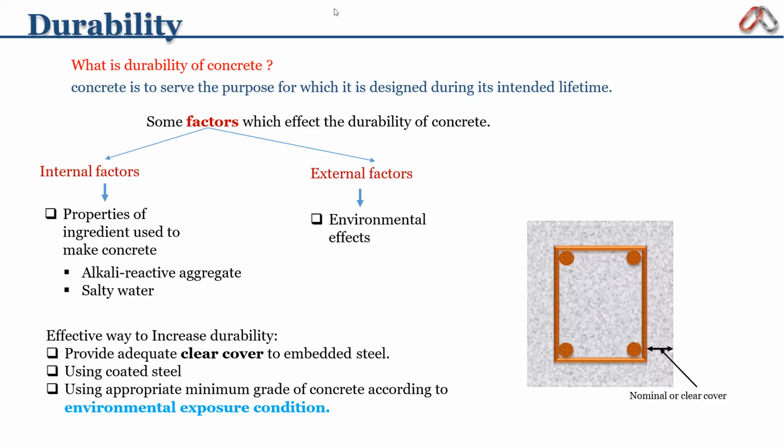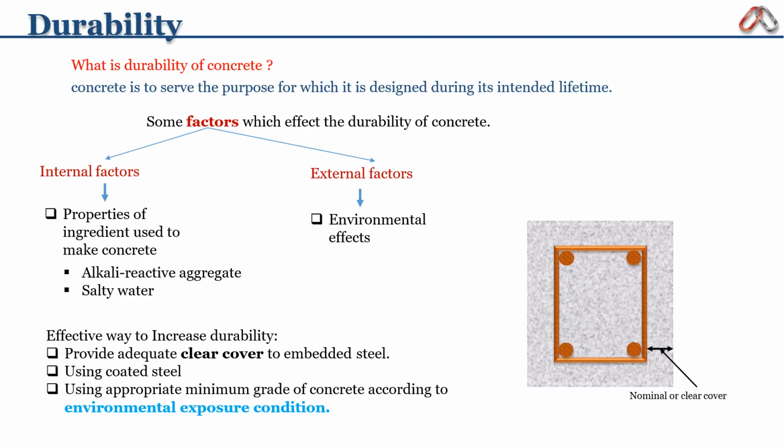So in internal factors, the properties of the ingredients used for making the concrete are the dependence. First, the internal factor on which the durability of the concrete depends is alkali reactive aggregate. Whatever aggregate you are going to use to prepare the concrete is very much related to the durability, as well as the water.